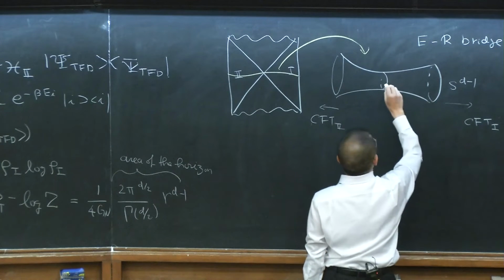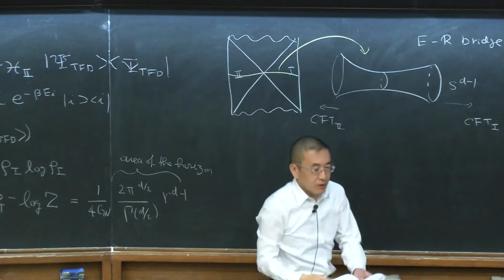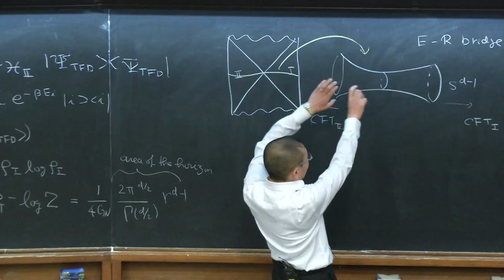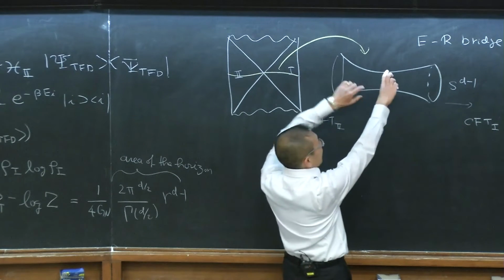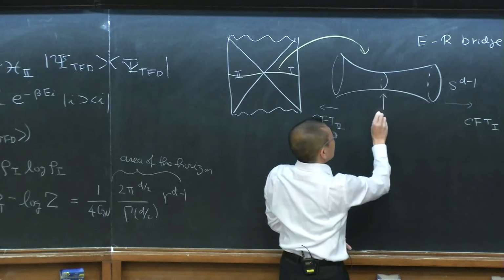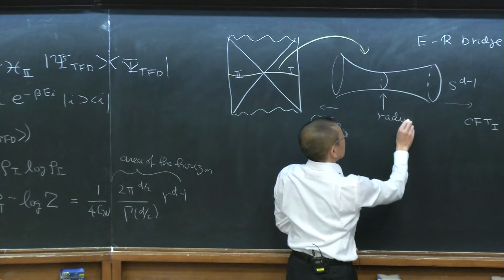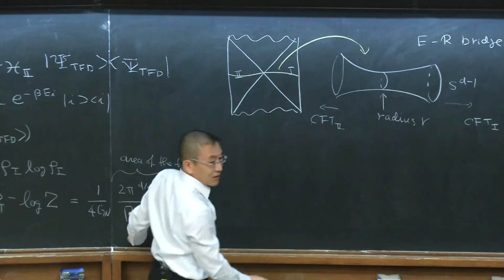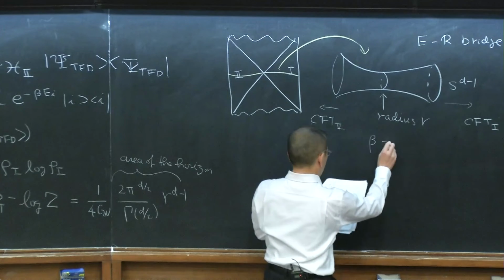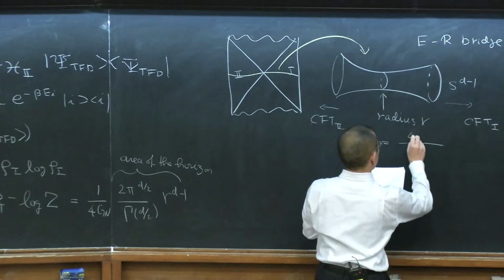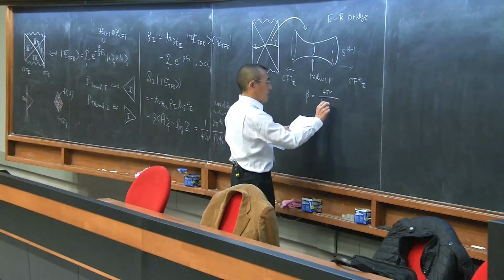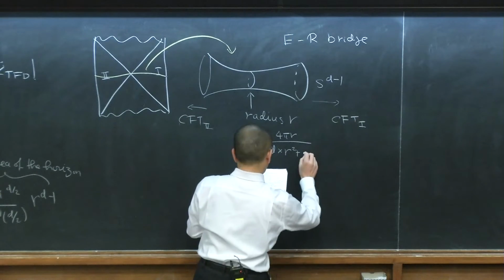I draw this picture in such a way that you can see there is a minimum area region over here, and the radius is this radius r, which is related to the inverse temperature beta by this relation. This d is the space-time dimension for the conformal field theory.